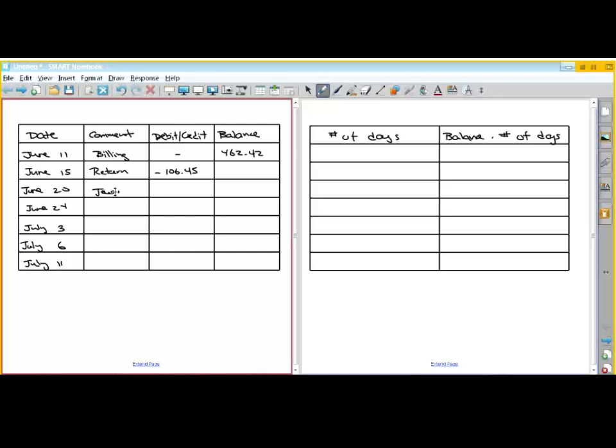And this is jewelry, car rental, payment, flowers, and this is your billing date.